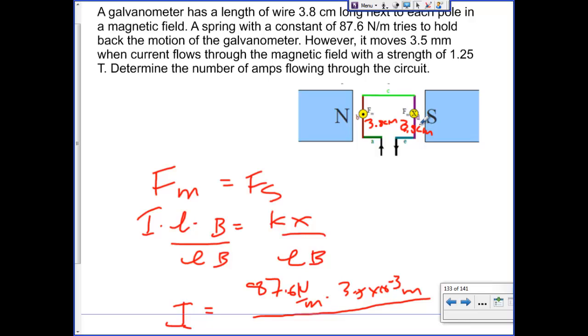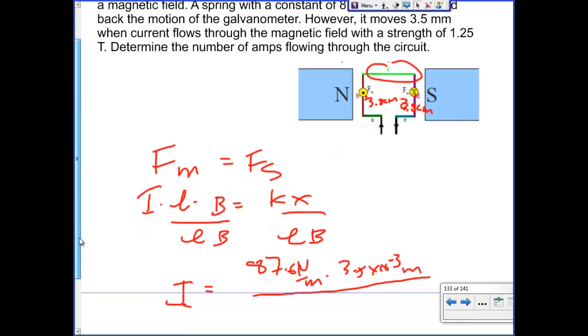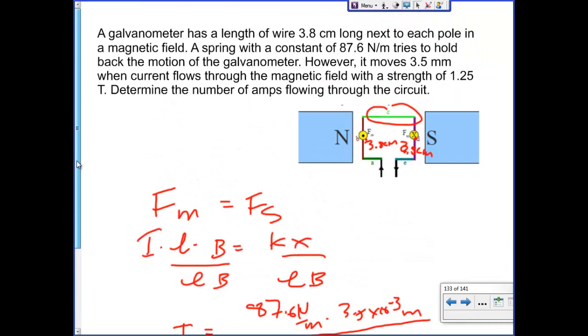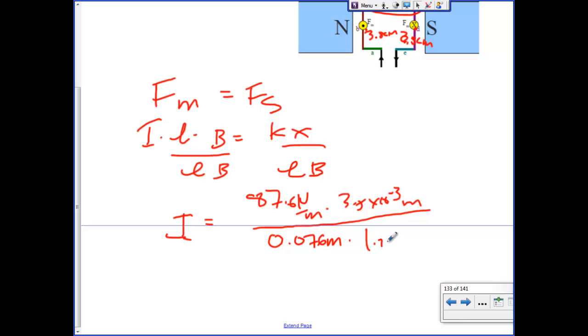So maybe the easiest way of solving this is to double the amount of wire. In terms of how much wire is actually perpendicular, this wire right here is not relevant, because it's not in the right direction. But this wire and this wire are both in the right direction, so you're going to have 7.6 centimeters. And then magnetic field strength was 1.25.